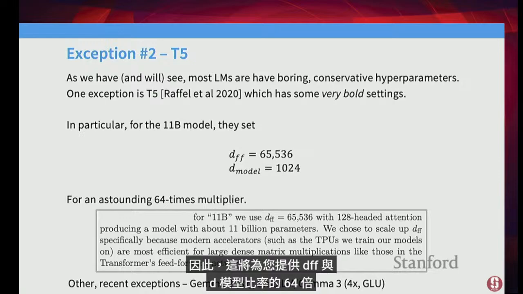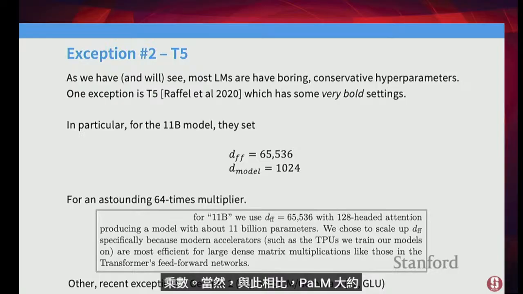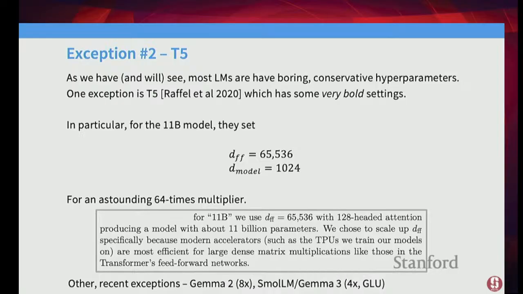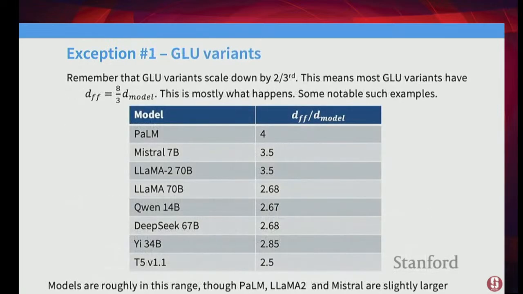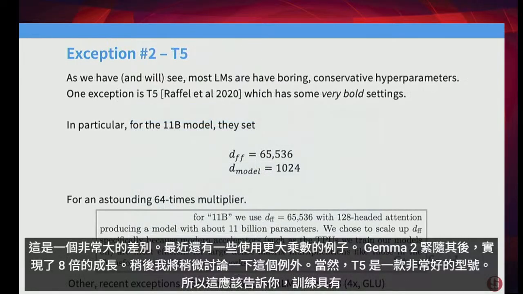If you look at the 11 billion parameter T5 model, they have a pretty incredible setting. Their hidden dim is 1024, but their DFF, their up-projected dimension, is 65,000, right? And so that's going to give you a 64 times multiplier on the ratio of DFF to D model. And of course, you compare to this, where PaLM is a factor of 4 and everyone else is much smaller. This is a very large difference.